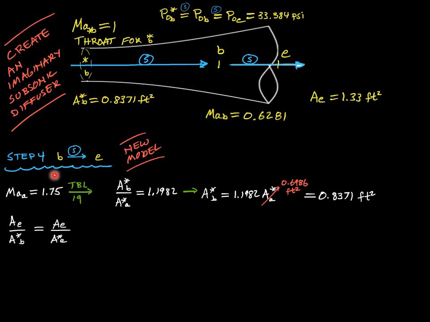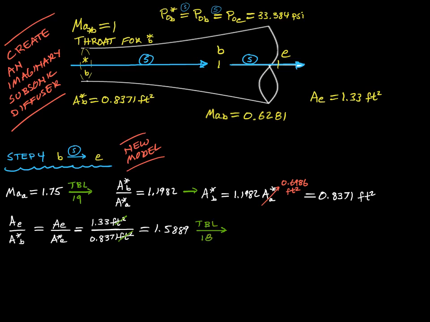We know that the area at the throat for B and the area at the throat for E are the same because we're working with the same model. So it's 1.33 feet squared divided by 0.8371 feet squared. Units cancel, and that gives us a ratio of 1.5889.